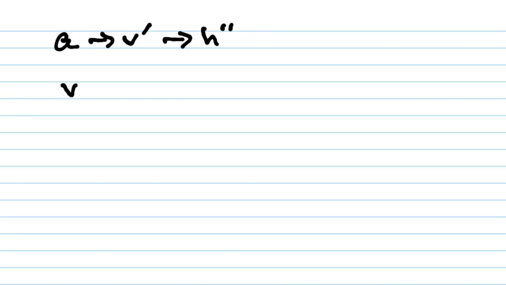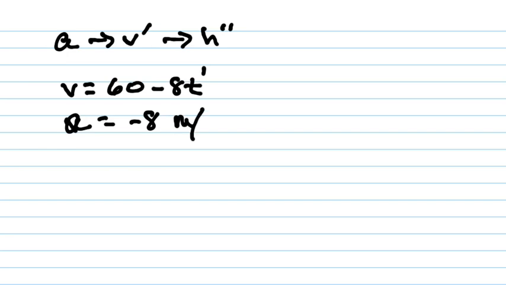So we have v, 60 minus 8t. Taking the derivative of that will give us our a. Derivative of 60 is 0, so it goes away. 1 times negative 8 is negative 8. So there you go. The acceleration is negative 8 meters per second squared. There was nothing to solve there because we didn't have anything but a constant, right?